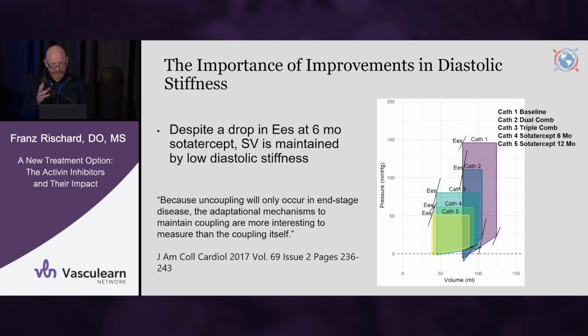We're not sure exactly why or how that could be on sotatercept, whether it's affecting fibrosis of the myocardium or other elements, or it may just be a manifestation of reduced afterload. But in any case, what that indicates is that the Starling mechanism is now kicked in and is sensitive to changes in preload. As the patient went off sotatercept, you can see stroke volume has dropped.